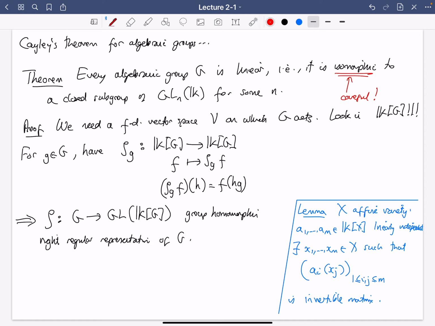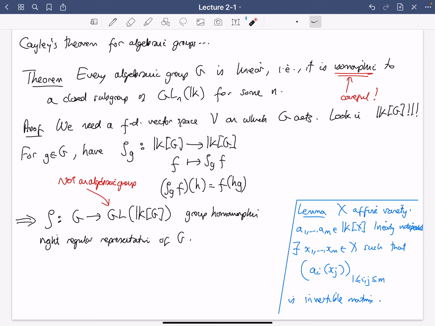So a little bit of care is needed here. You see, I've written GL of K[G]. I just want to observe that this is not in general an algebraic group, because this coordinate algebra is usually an infinite dimensional vector space. So I'm just thinking about this as being some abstract group, the group of invertible linear maps from the vector space K[G] to itself.